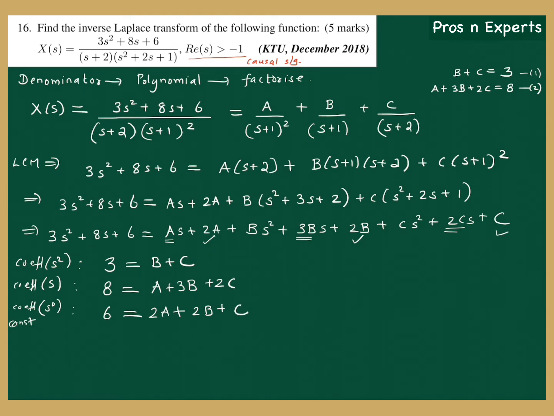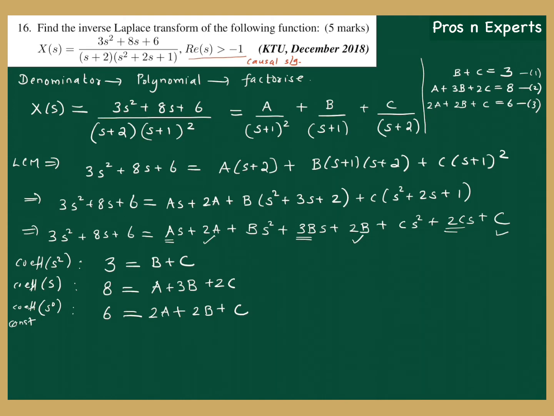So 2a plus 2b plus c equal to 6. That is equation number 3.